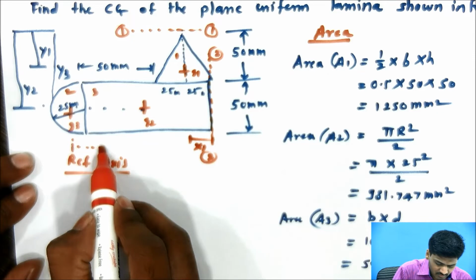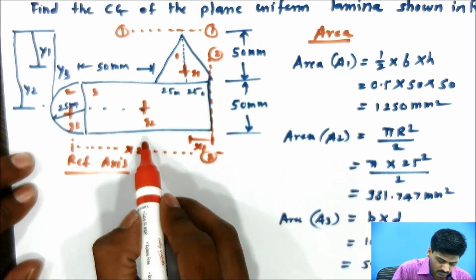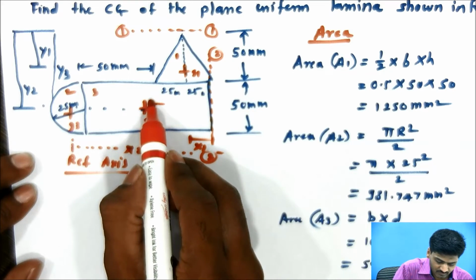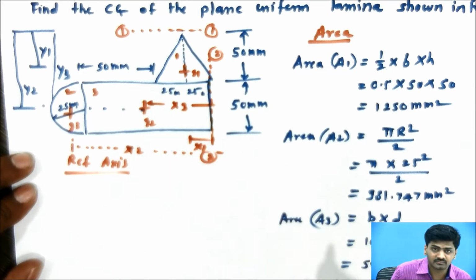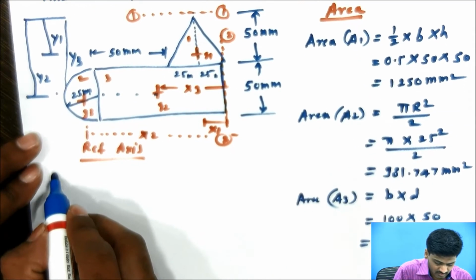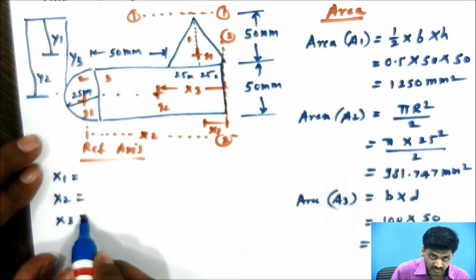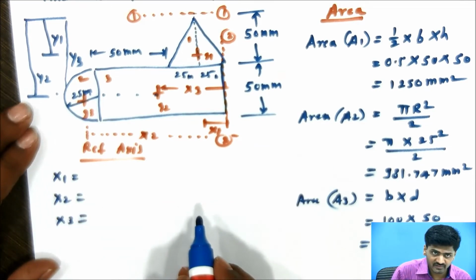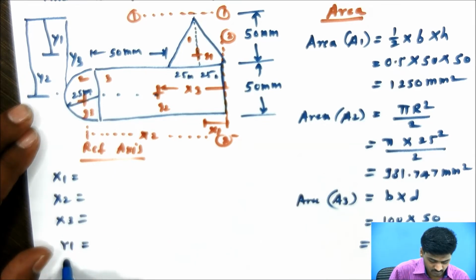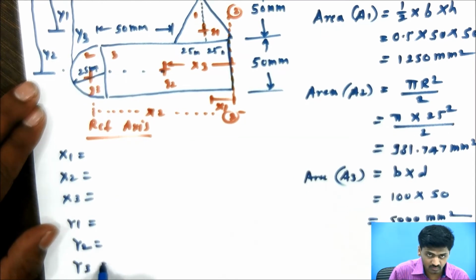From here, this is your x2, and the last one, the small distance, this is your x3. So let's calculate x1, x2, x3. Simultaneously you may calculate y1, y2 and the last one, your y3.